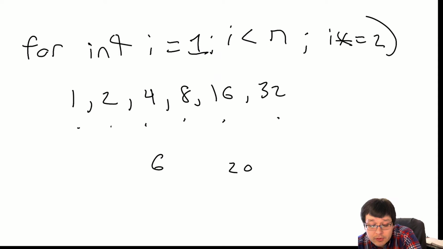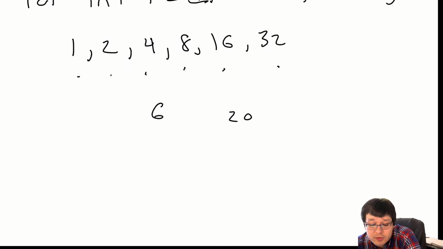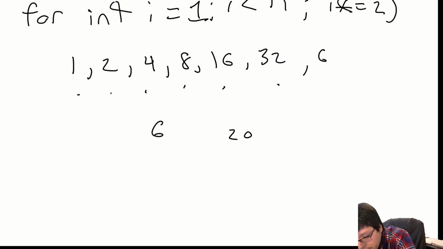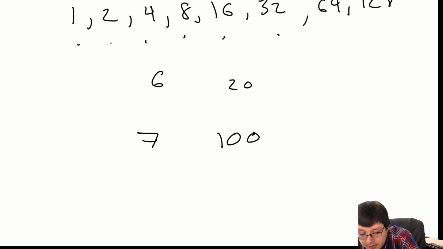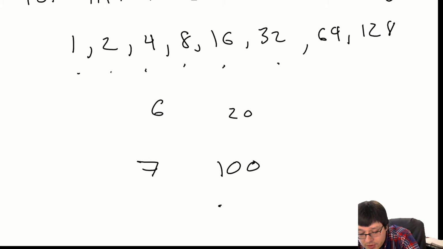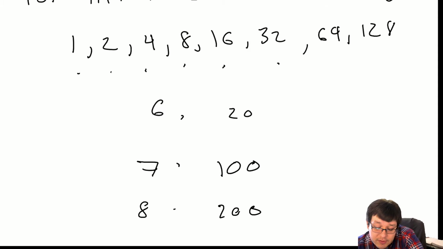Okay, let's throw in maybe 2 more sets of numbers to get a better feel for it. So basically, anything over 100 is going to run 7 times, and even 200 is just going to run 8 times. Okay, so let's analyze the relationship between these. It turns out that you are indeed correct.